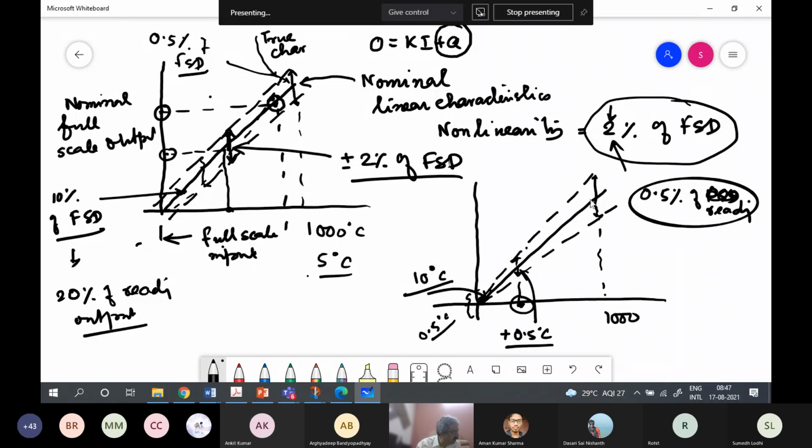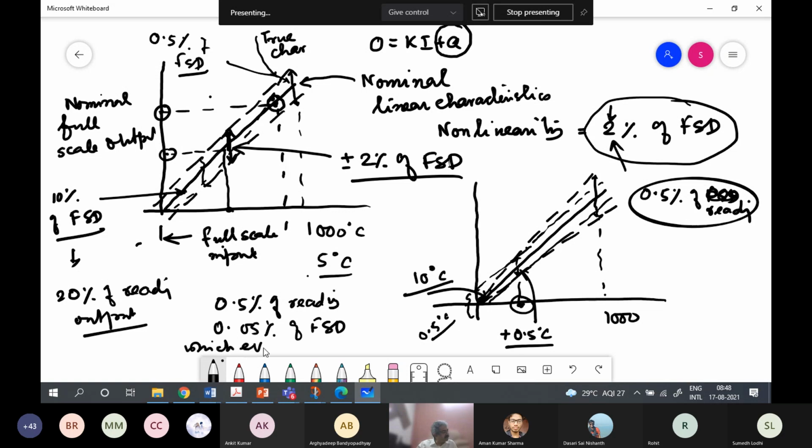So now I say that the error is 0.5% of reading or 0.05% of full scale deflection, whichever is greater.